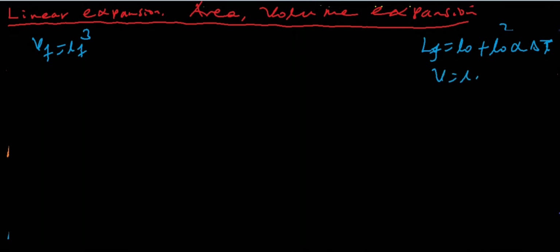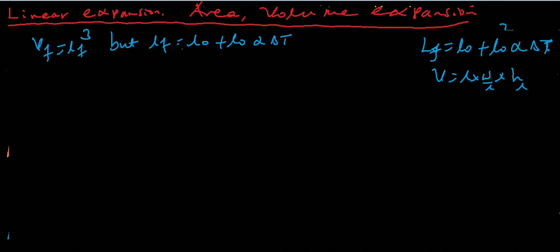Volume is length times width times height, so we can multiply them, L to the power of 3. But we have LF, which is L naught plus L naught alpha change in temperature.